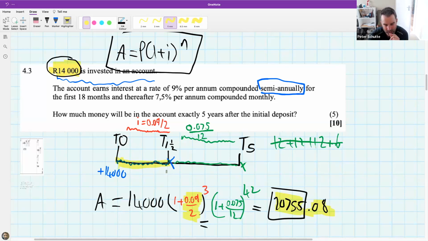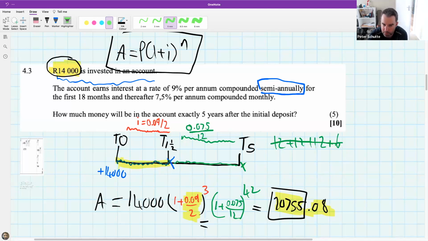So we don't times it by 2. You want this number to be how much time it spends growing at that interest rate, and it spends 3 intervals of 6 months growing.